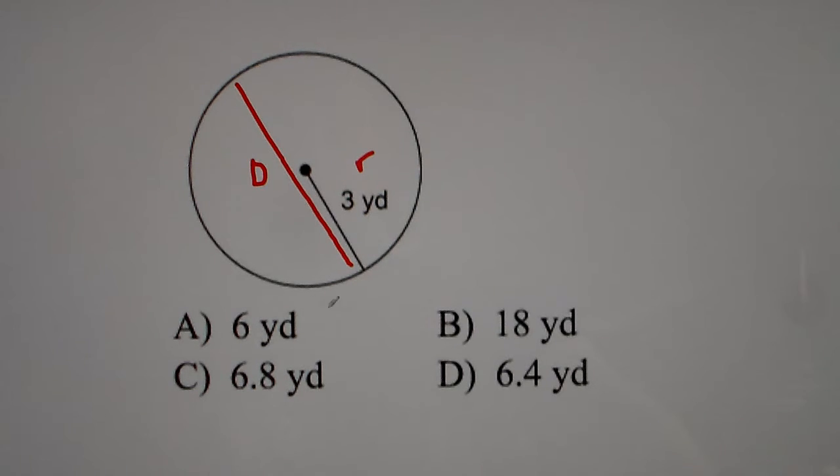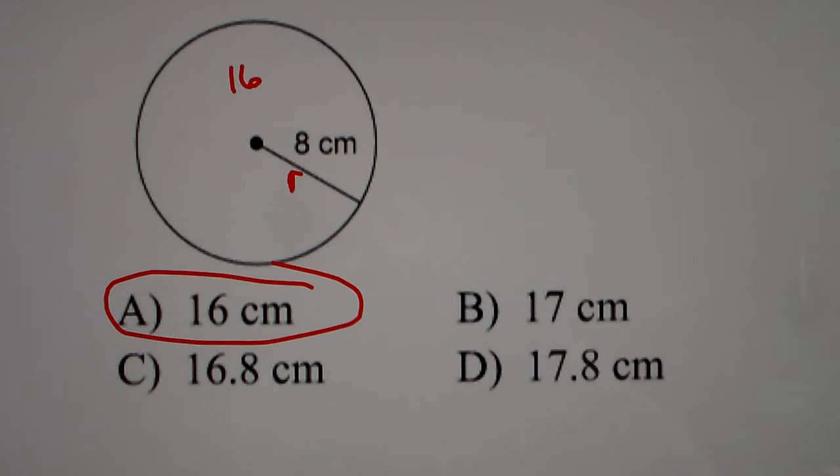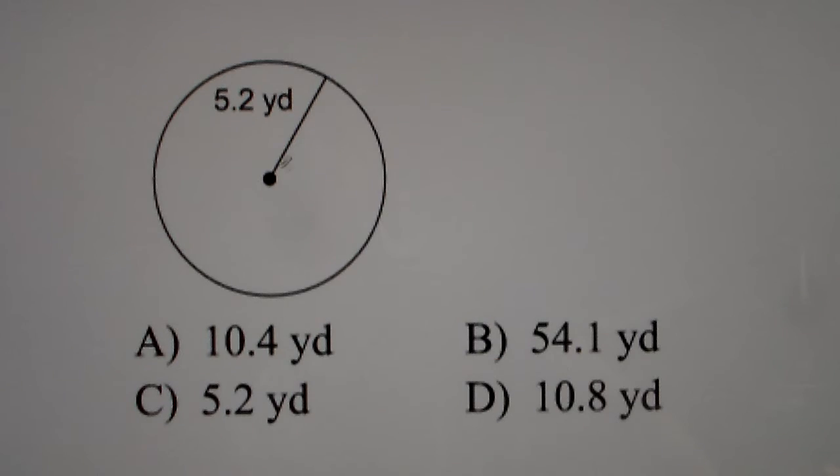So 3 times 2 gets you 6. If the radius is 8, the diameter then is 16. If the radius is 9, the diameter is 18. If the radius is 5.2, we double it and now it'll be 10.4.